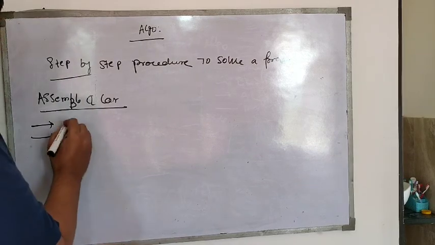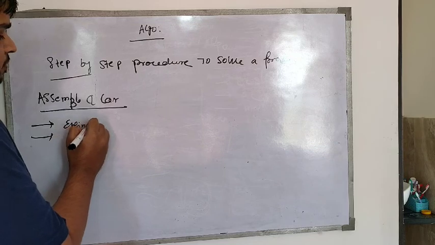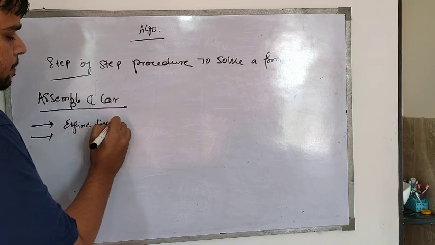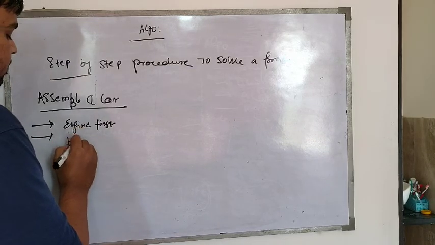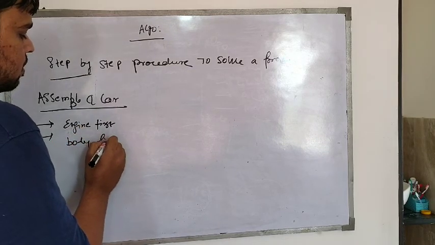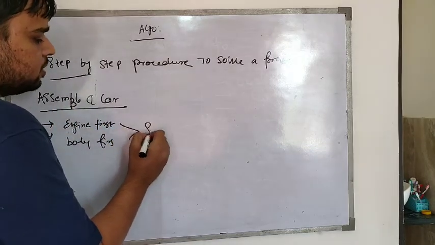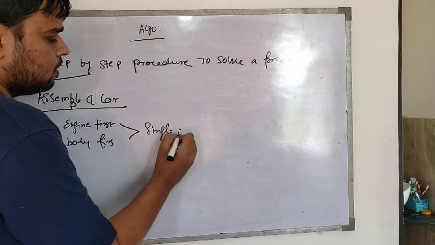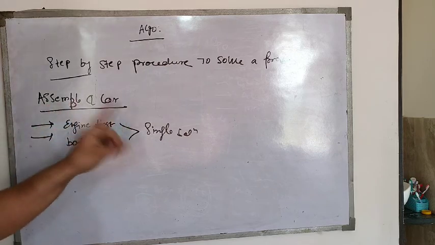One person can start to assemble the engine first, another person can start to assemble the body first, but the overall goal is they both will reach a particular solution, that is a single solution. That is, the solution is to assemble a car.